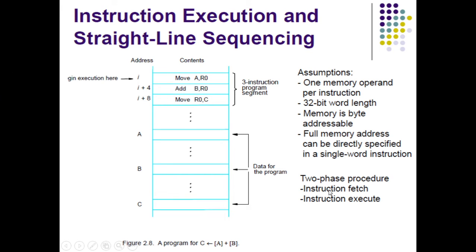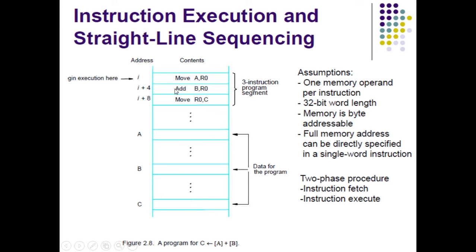After completing the fetching phase, the fetched information is now available in the special function register IR. After that it needs to identify the meaning, meaning what operation to perform and what operands are needed for executing that instruction.